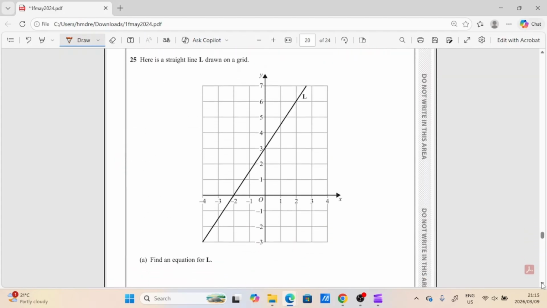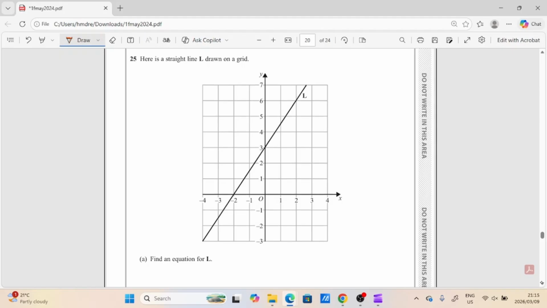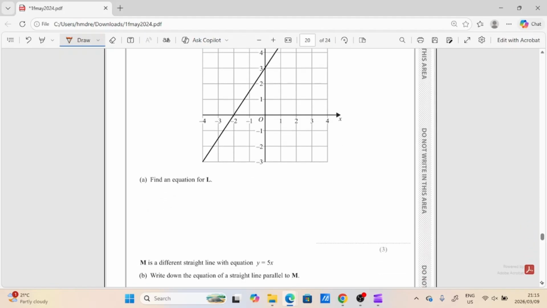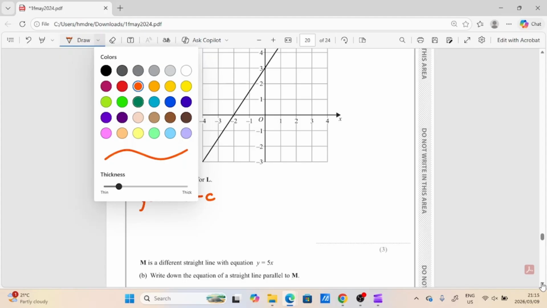Question 25. There is a straight line L drawn on a grid. Find an equation for L. Okay, so when we're looking for a straight line equation, which you need to have in the back of your head, is y is equal to mx plus c. You have to know that, otherwise you're not going to get very far. The c value is usually the easiest to find.